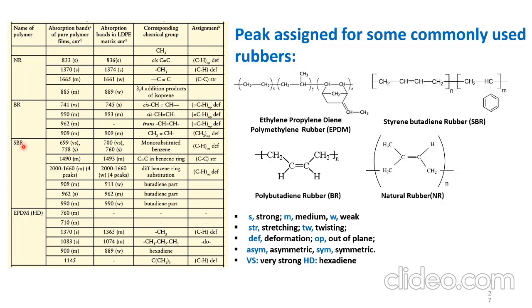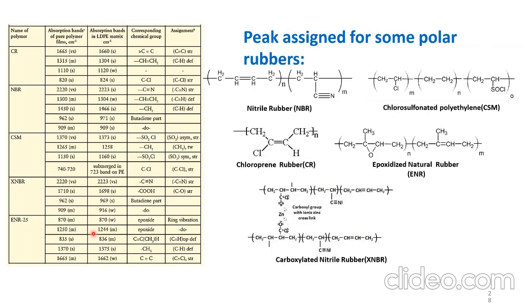So these are some of the standard peaks which have to be there in a material. If it is styrene butadiene rubber, these peaks should be there. Then EPDM, again these are the peaks which have to be there. Similarly for other different types of polymers, these are the sets of peaks which are standard.